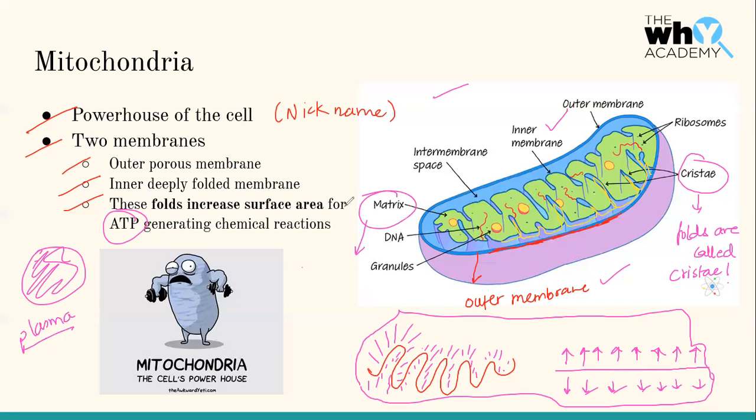And one more thing here, don't get confused between cisterns and cristae. They sound the same, the spelling is also quite similar, but don't get confused between these two. Cisterns are basically containers for holding water.